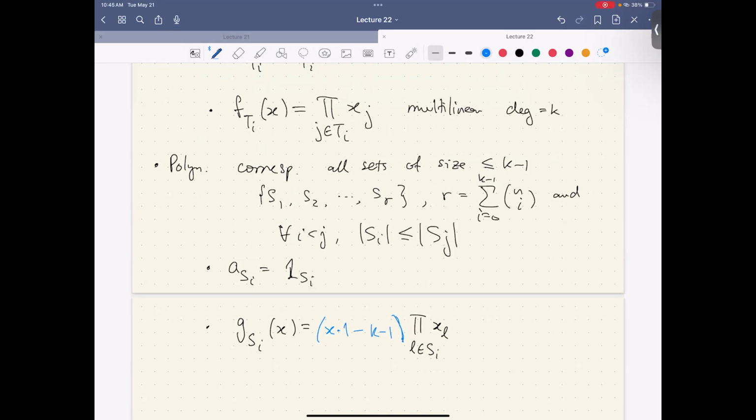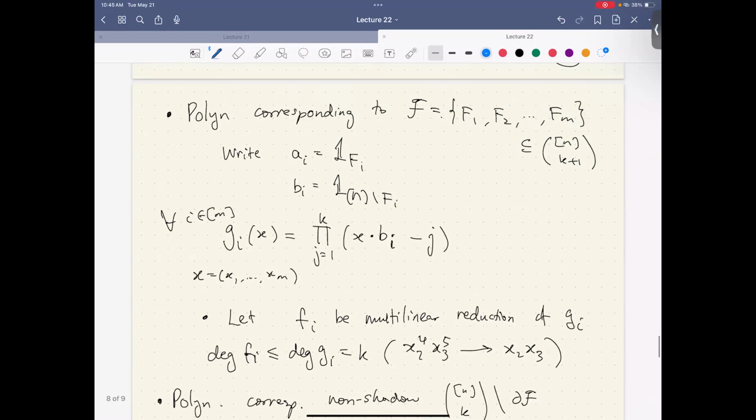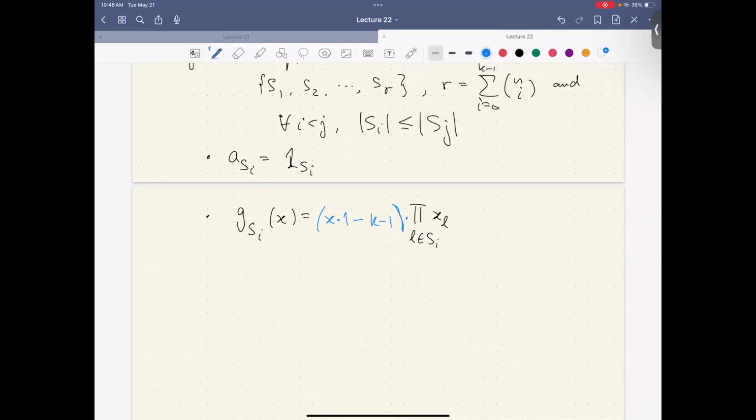This factor is needed later to verify that altogether with the original polynomials, which are the ones corresponding to F, they are still linearly independent. So here, this might not be multilinear because some x_l could appear on both. We take F_SI, the multilinear reduction of it.